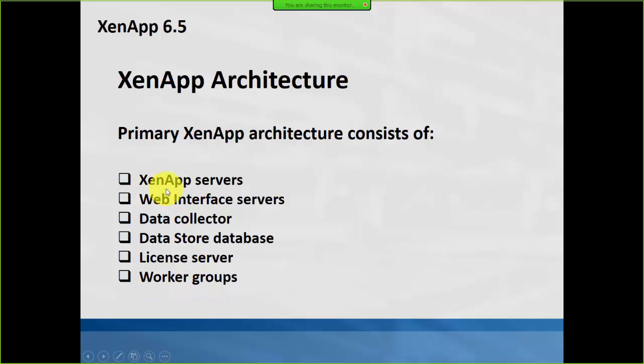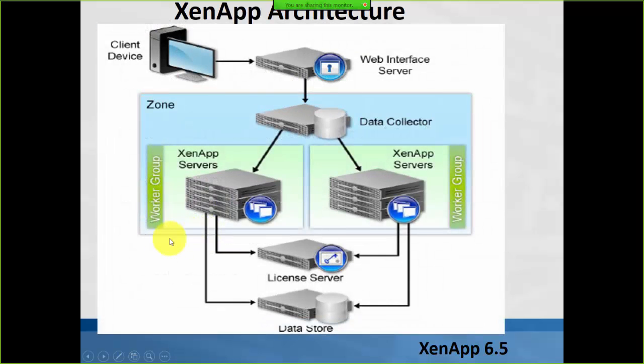So today we're going to be deploying XenApp server, web interface, data collector will automatically be deployed, database will be automatically deployed, license server will have to be deployed if we want to even basically deploy XenApp. Worker groups is a concept where you collect 3 or 4 servers with the same type of configuration, and then you can create separate groups just to make some configuration changes simultaneously on all the servers within one worker group. So yeah, we're going to be talking in detail of all those major concepts.